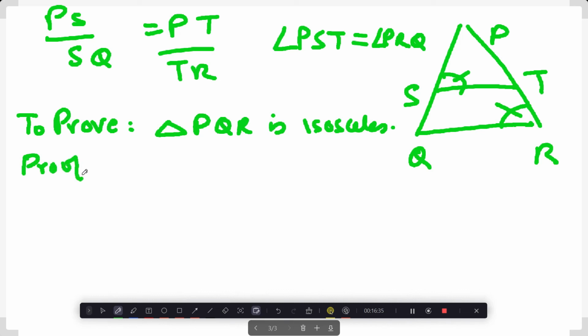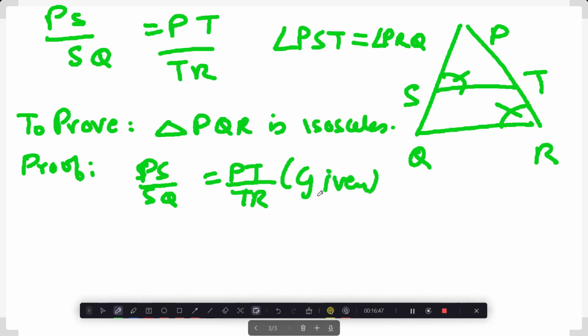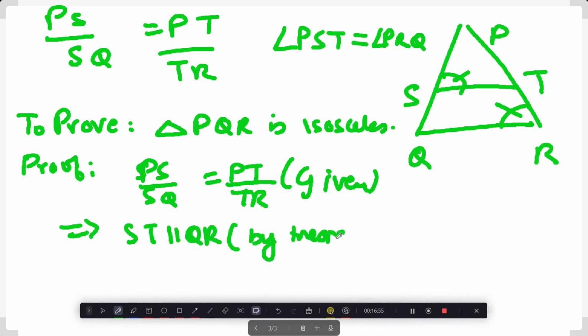So let's look at the proof. First, it's given that PS by SQ is equal to PT by PR. Given. So what does this imply? ST is parallel to QR by theorem 6.2, right?